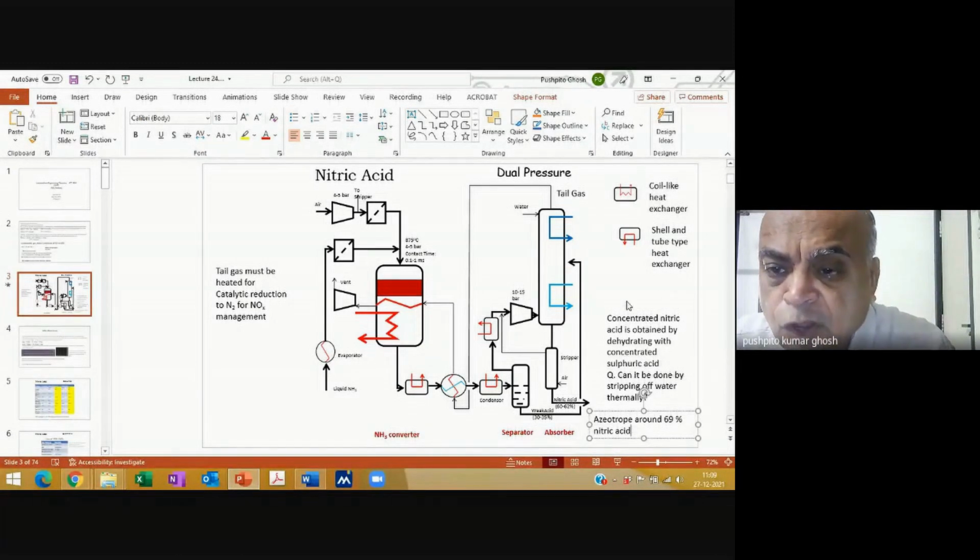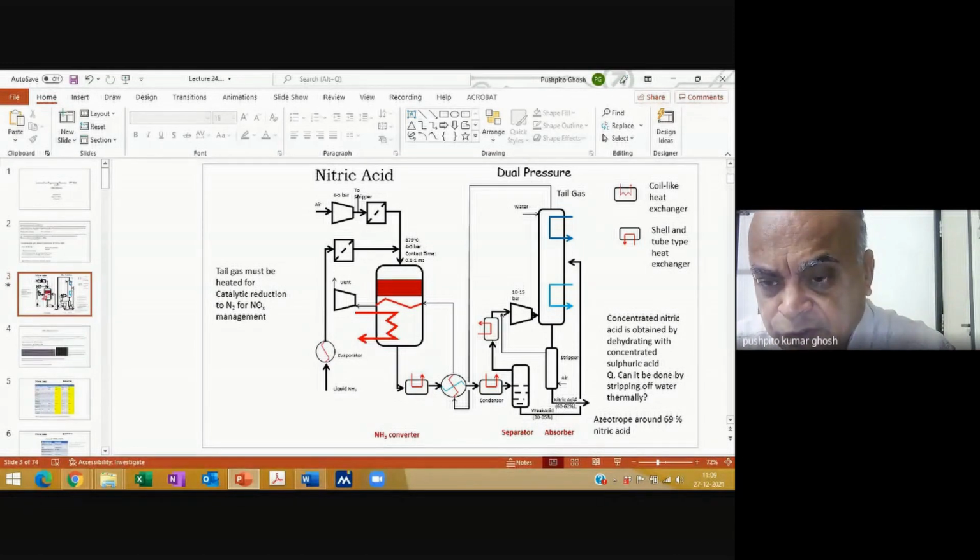So if you want to make very concentrated nitric acid, then you cannot do it. You can at most go to 68 to 69%. And after that, it will just distill out azeotropically. So you're not really going to gain over here.